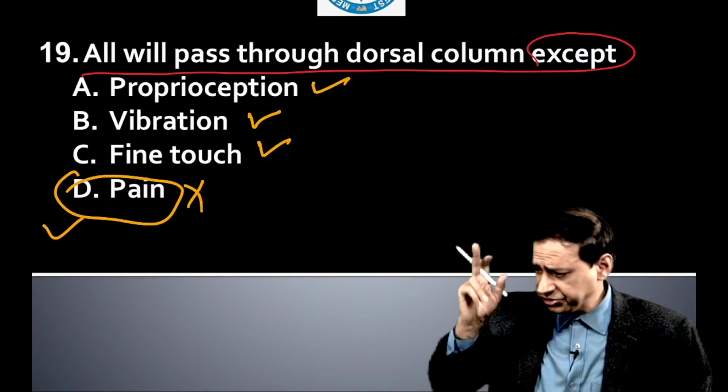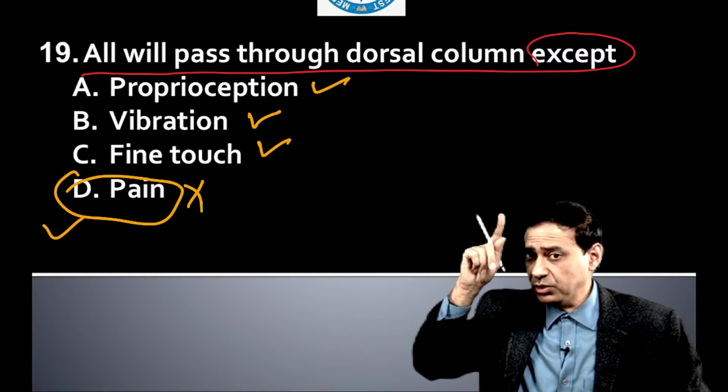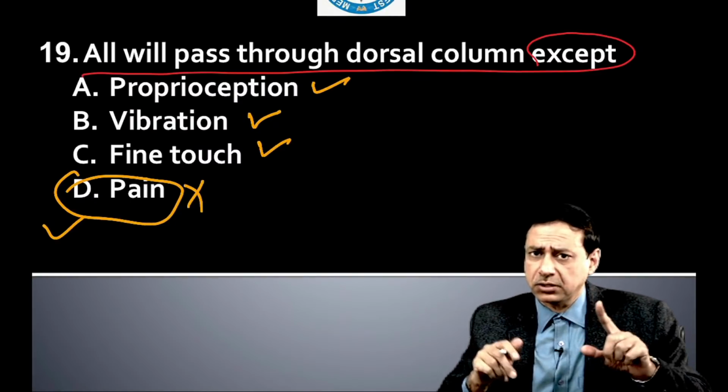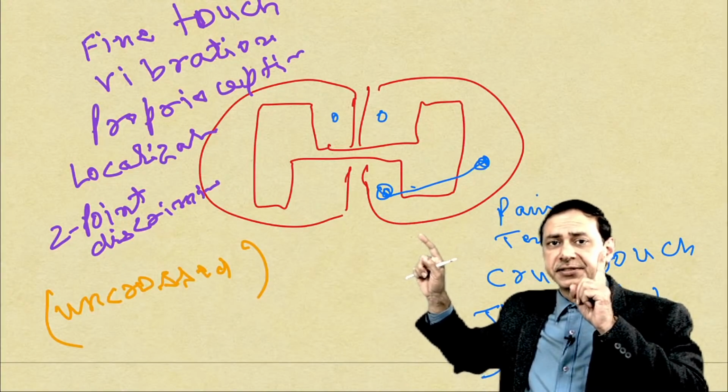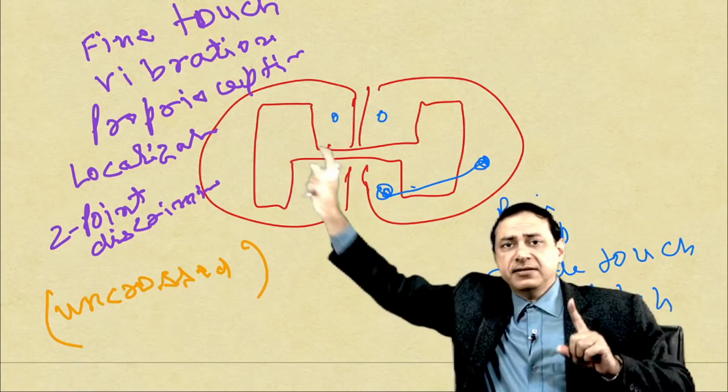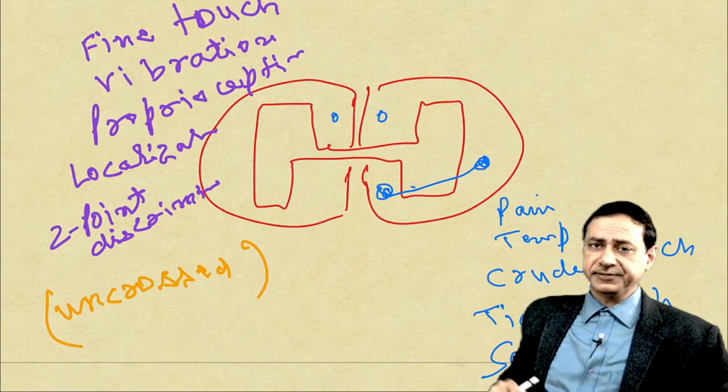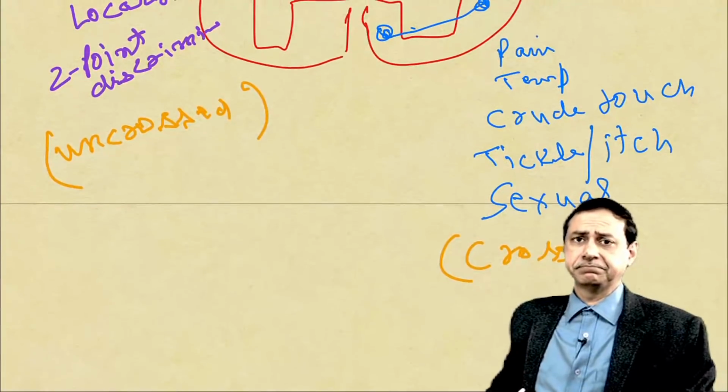Ascending tract, sensory system: sensory will go up through two pathways, the dorsal column system and the anterolateral system. This will carry these things and anterolateral will carry those things. Right?